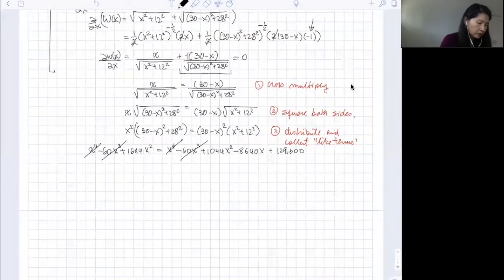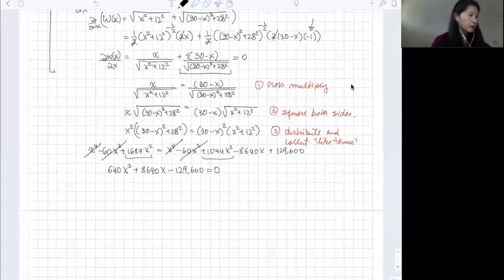All right, so now let me collect like terms and let's move everything to the left-hand side. So we end up with 640 x squared plus 8640x minus 129,600. This is equal to 0. All right, now we end up with a quadratic equation, which we know very well how to solve.